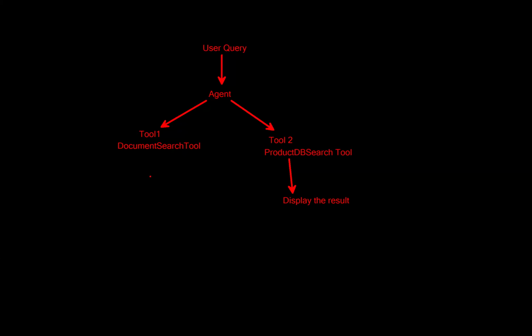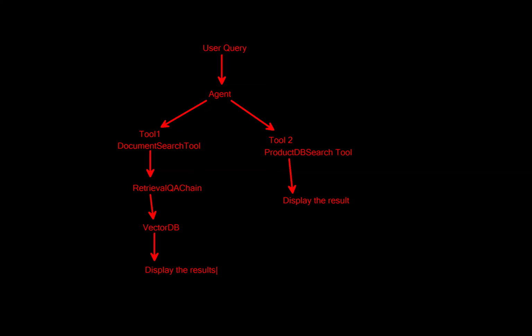And if it selects the document search tool, then inside that function it will call another chain, the retrieval QA chain. It will go through loading, embedding, and so on, and then use the vector DB. From the vector DB, it will search for the related chunks and then display the results.